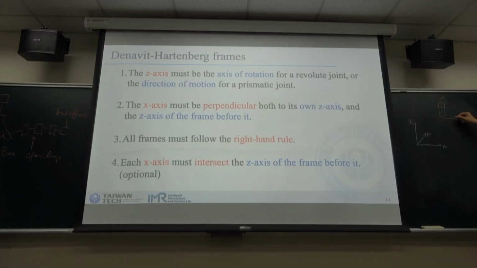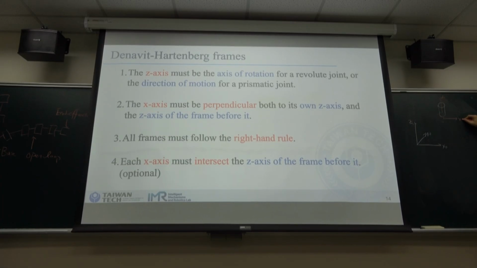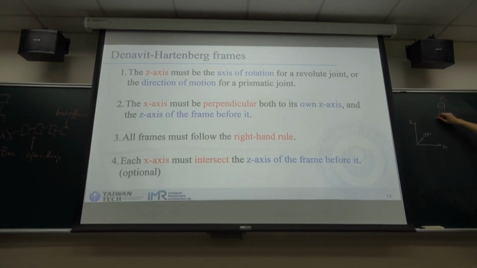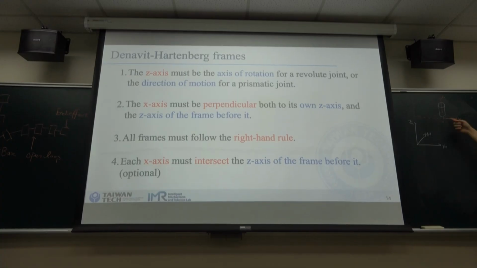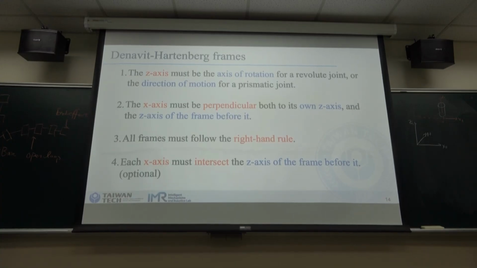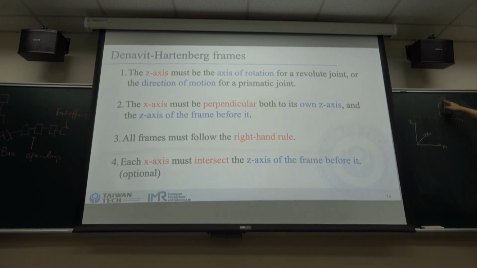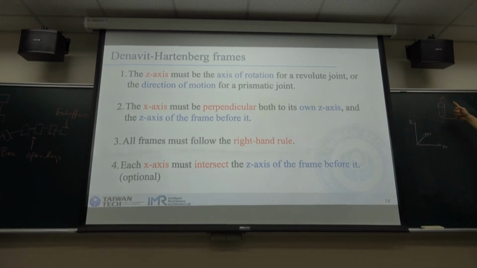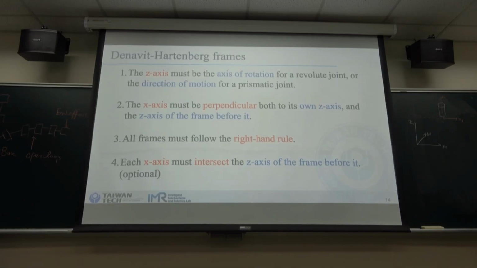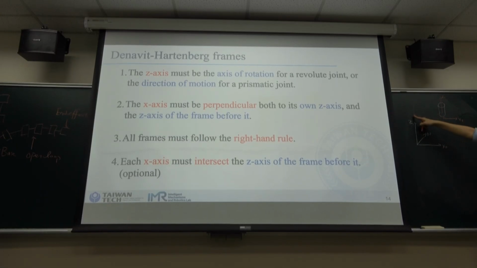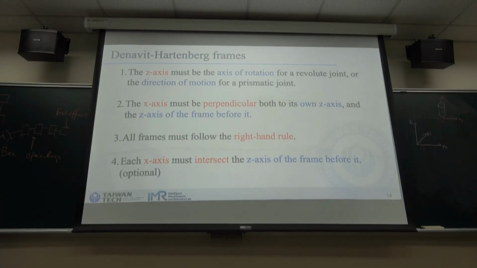So this is the direction of x1, which intersects z0. This also satisfies that x1 is perpendicular to z1 and z0, and it intersects with z0.